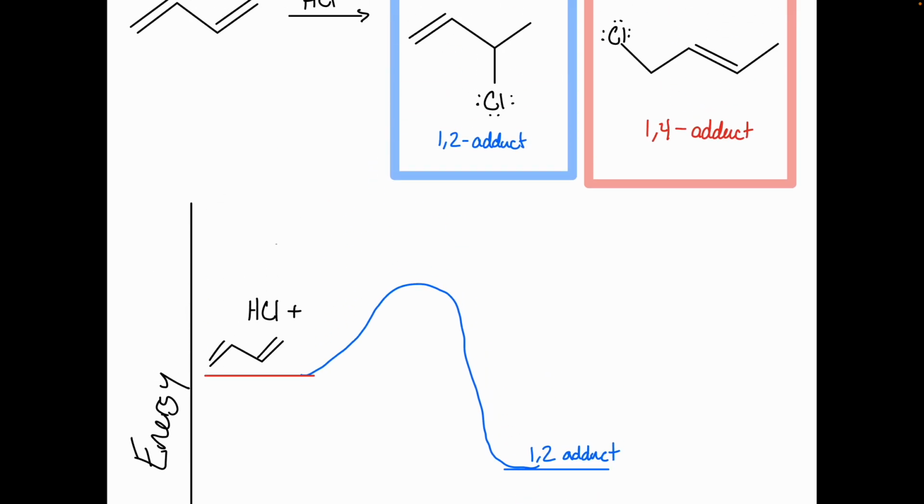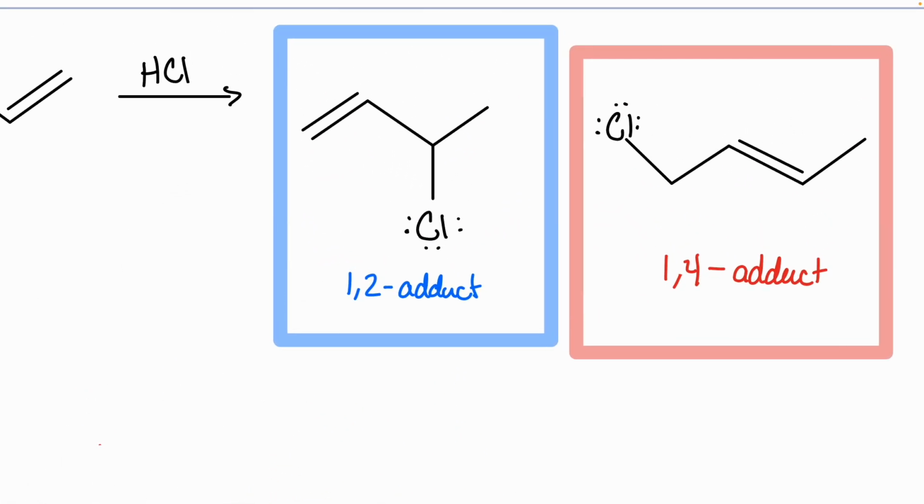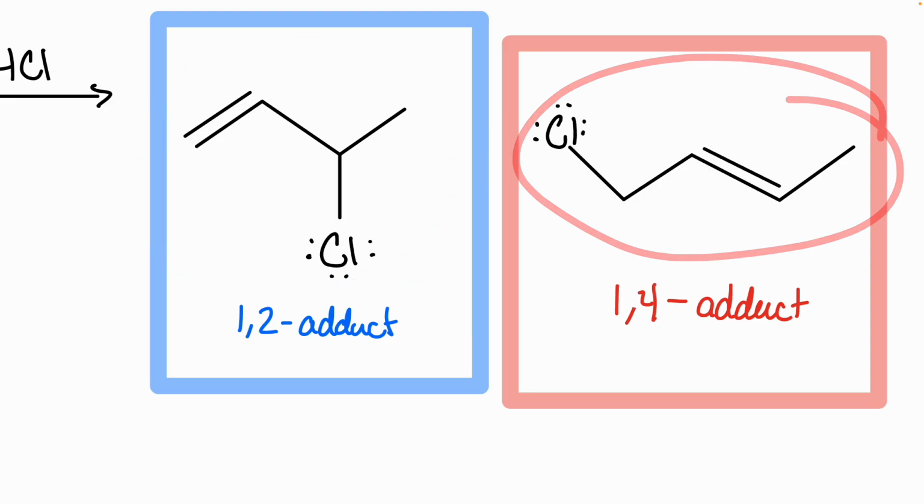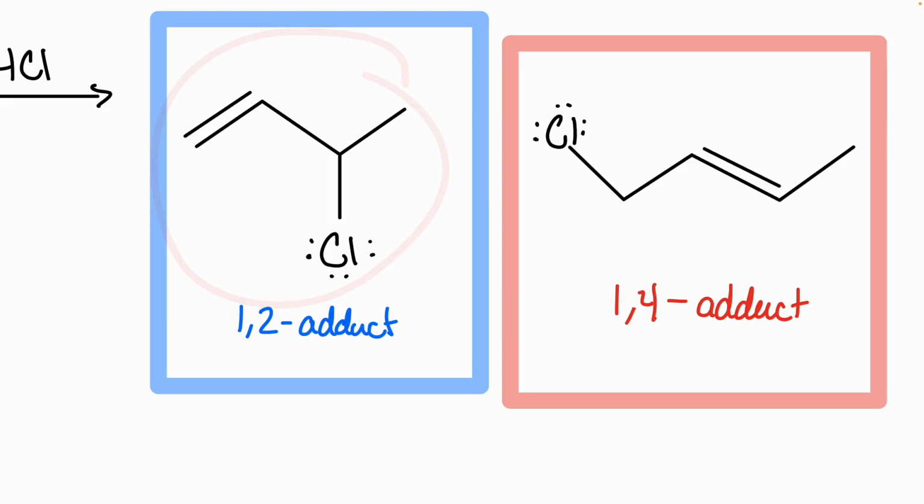All right, so why would that be? Let's look at these two products closely. What is it about this 1,4 adduct that makes it lower energy than our 1,2 adduct? Right? Another way of saying that is, why is this molecule more stable than this molecule? Not sterics. The pi bond, and what about the pi bond specifically?